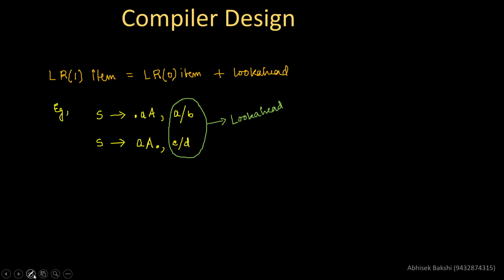This lookahead will be useful at the time of the reduce move. You see, again the same concept is coming. We have seen in the case of the SLR1 table that there is no change in the case of shift moves. If you compare the state diagram for the LR0 parsing table and the state diagram for the SLR1 parsing table, you will see that with respect to the state diagram there is no difference, and with respect to the parsing table, in the rows which have shift moves, there is no difference.